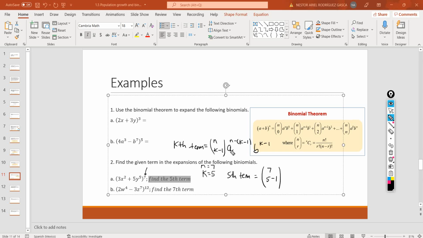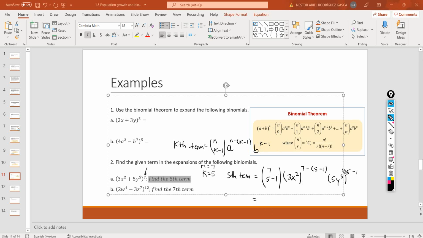Then the first number in the binomial is 3x squared, so we write 3x squared raised to the 7 minus (5 minus 1), times the second number in the binomial, which is 5y to the 5th, raised to the k minus 1. As you can see, I'm following this formula to the extreme, replacing every single thing, and that's it.